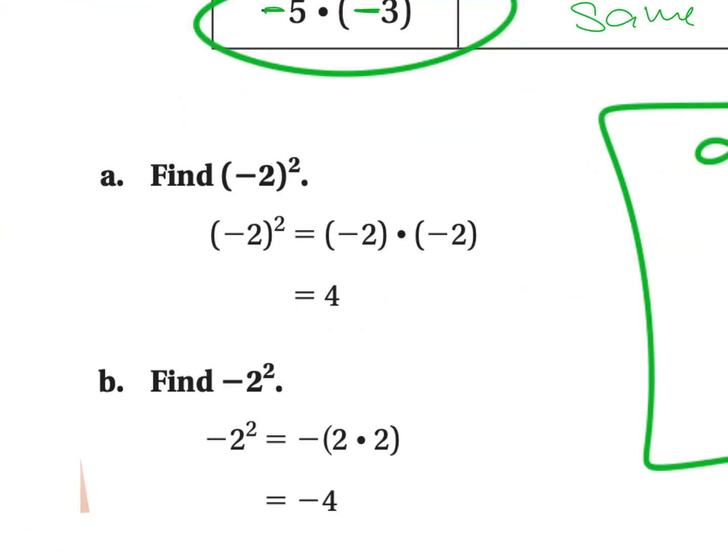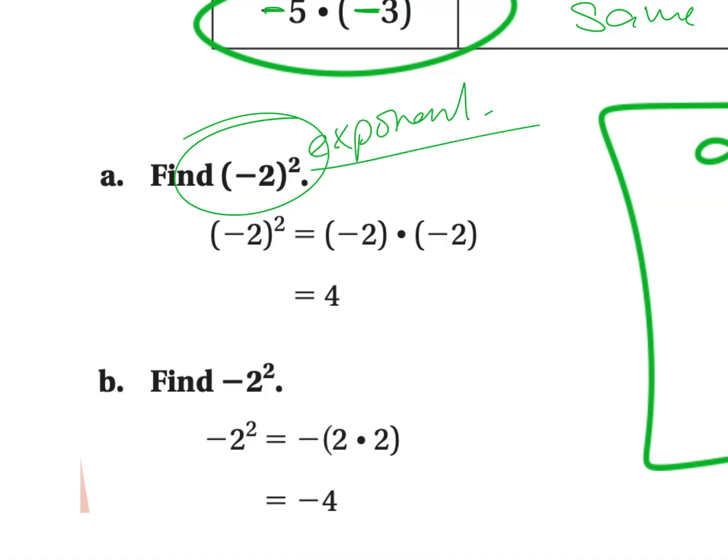So let's talk about this stuff. This is an exponent. And some of you might know that exponents are basically repeated multiplication. And that's what they're trying to communicate right here, that we have parentheses, -2 squared. So that means everything inside these parentheses is getting raised to the second power.